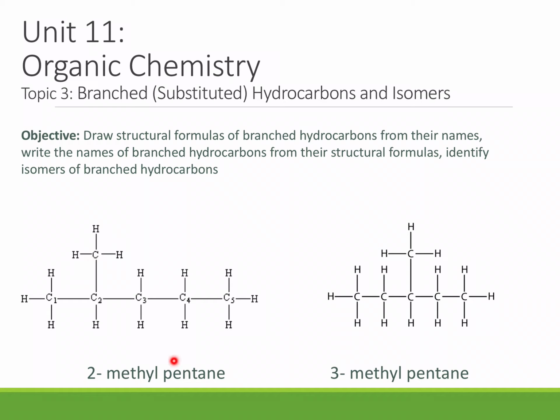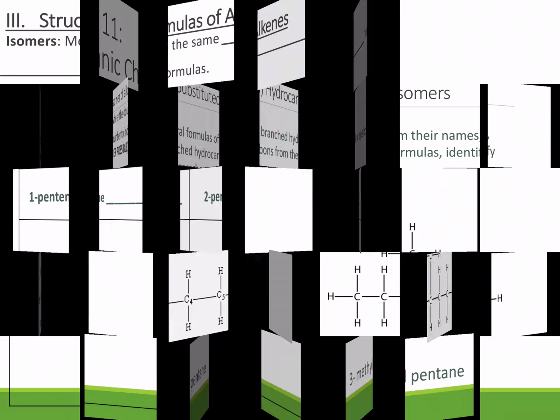You'll notice that the name is different. You should see numbers now, and you'll see YLs. We're going to get into all that. For this one as well, you'll see this is the main branch, the parent branch, and this is what we call the substituent or the side chain. Okay, so let's get to it.